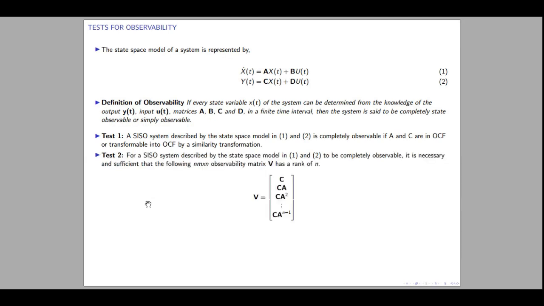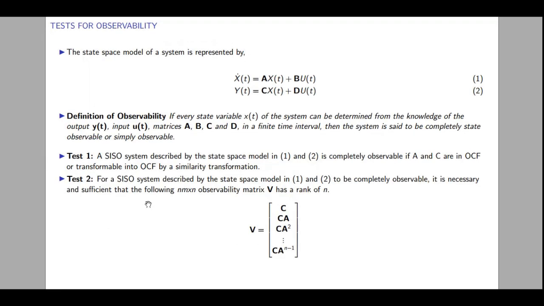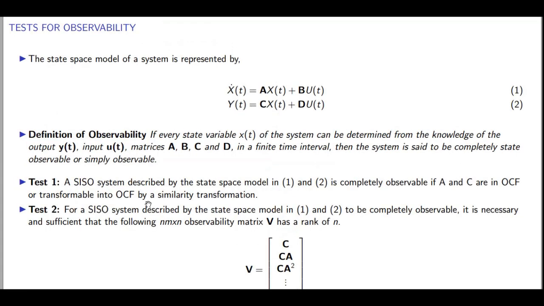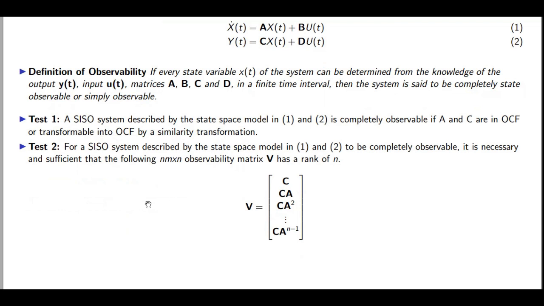The second test is about the observability matrix, as we had the controllability matrix in controllability. We are familiar with this matrix because we use the same matrix in the similarity transformation to transform to observable canonical form.